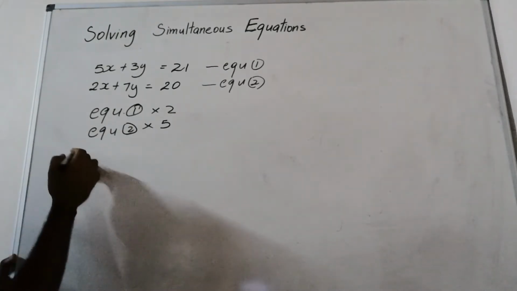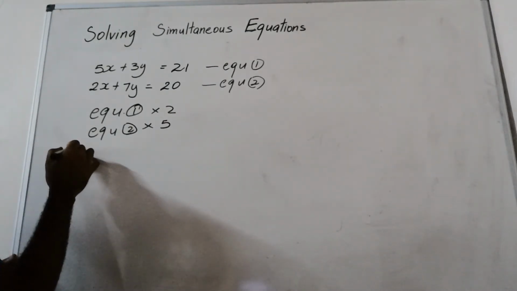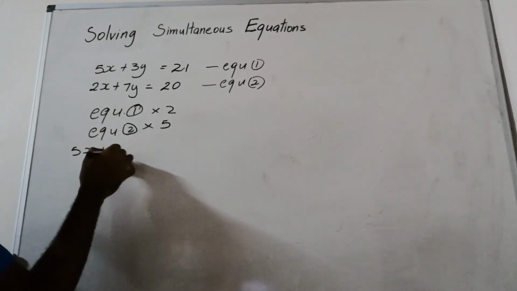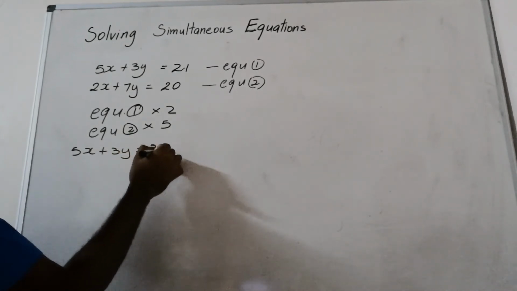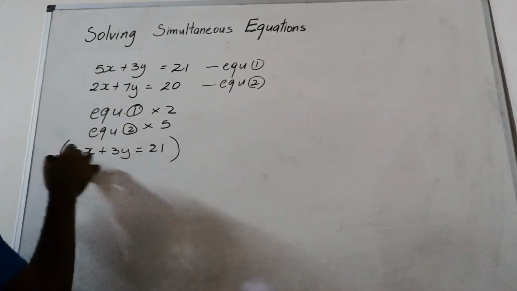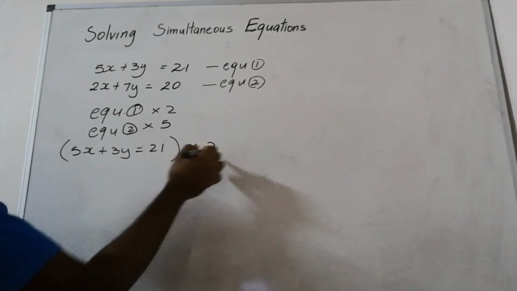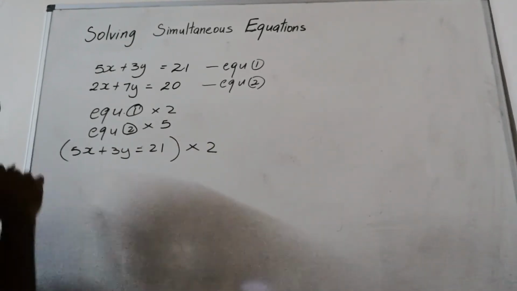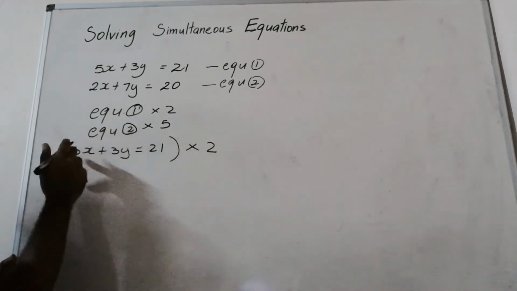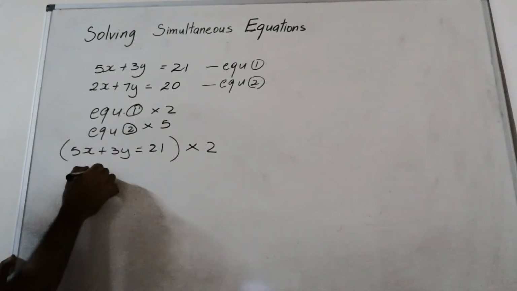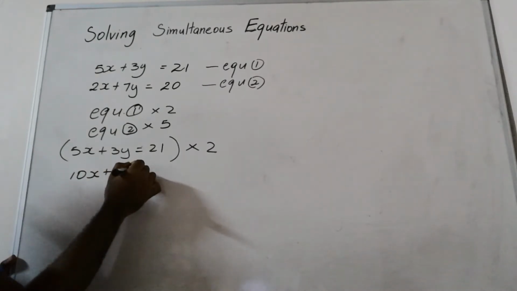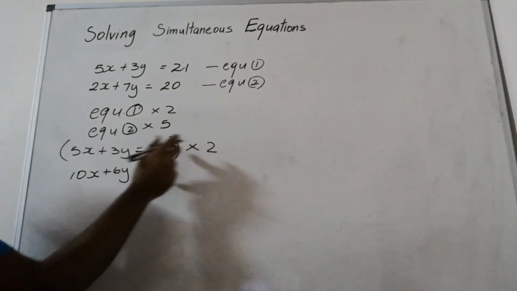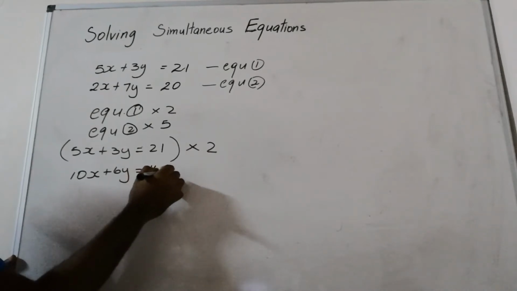So let's multiply. So we're multiplying 5x plus 3y is equal to 21. We're multiplying this entire equation by 2. And so let's multiply. So 2 5's 10x, 2 3's 6y is equal to 2 times 21, which is 42.